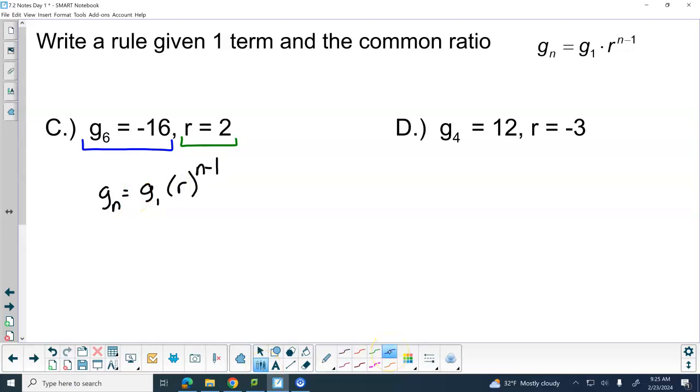So this is saying that negative 16 is going to equal, I don't know what my first term is. I know that my common ratio is 2. I know that negative 16 is the 6th term.